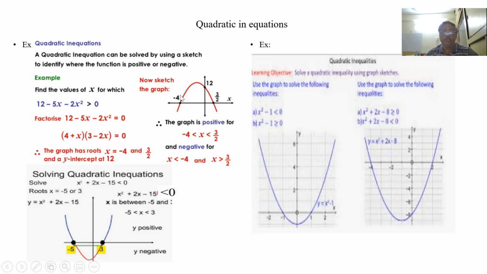If it is greater than 0, it means all possibilities of x in this zone, where y is positive. Less than 0 means all negative values of y. That means beyond minus 4 and beyond 3 by 2, for all values of x beyond these two limits, I have y negative.